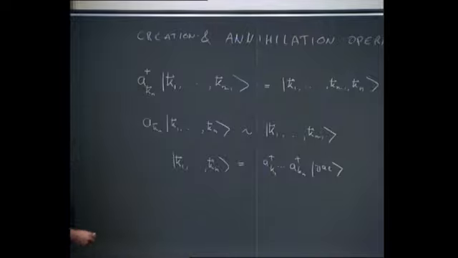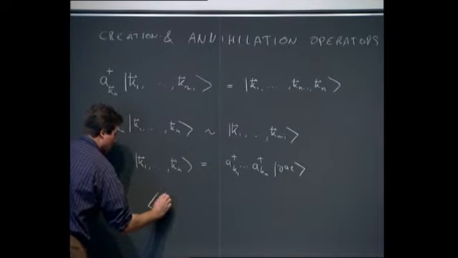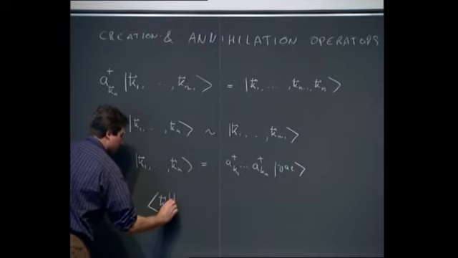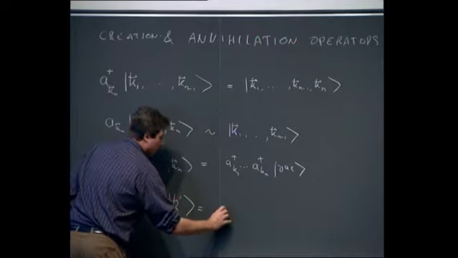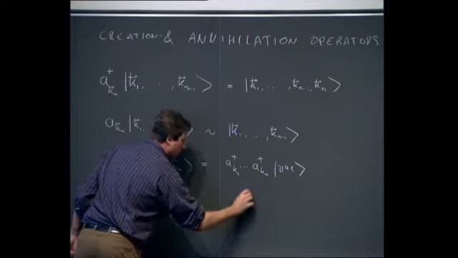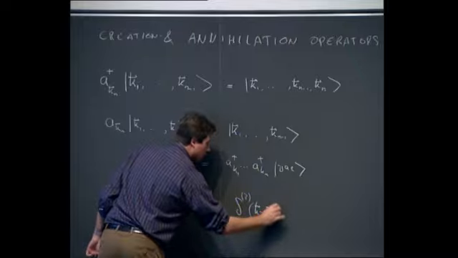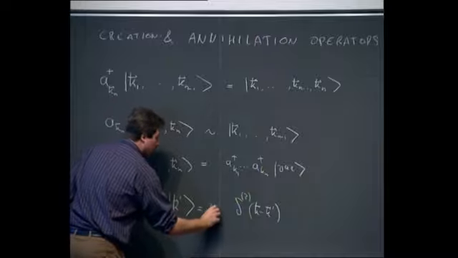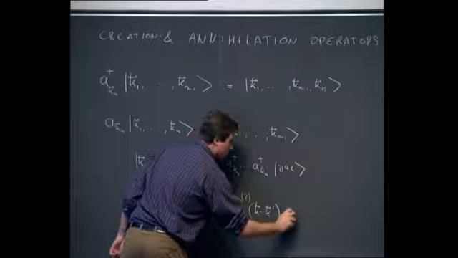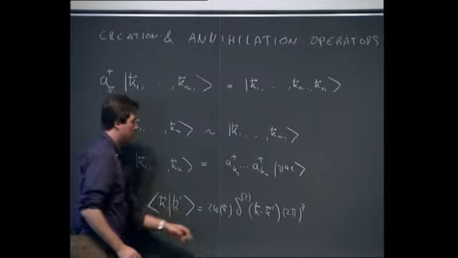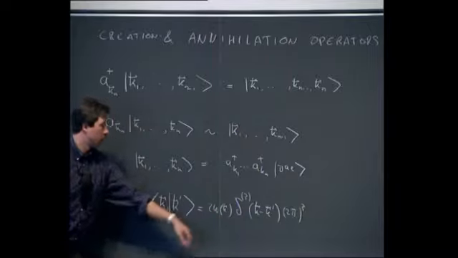And I described yesterday that the normalization of these states, k and k prime, was such that there's a delta function in momentum space. So it means that they're orthogonal when they're not equal. And then there's a certain power of 2 pi, first of all, and a function depending on this frequency omega of k.